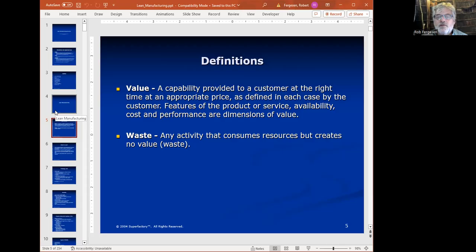So you have to understand that value is capability provided to a customer at the right time at an appropriate price as defined in each case by the customer. So the customer, that downstream person who's getting that product, has to define the value. And it could be service, product, availability, cost, or performance are all part of value.